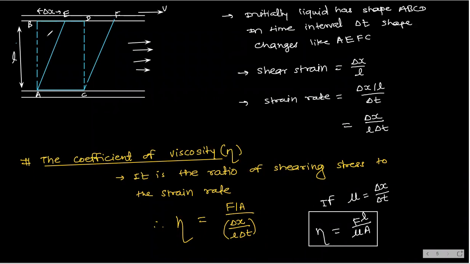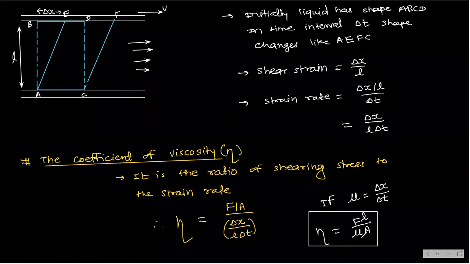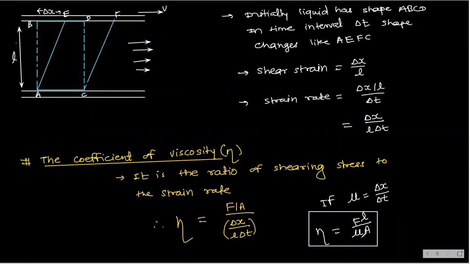It is like velocity dimensions only. Within how much time this is going to change with respect to time, that is delta X by delta T, that is mu. If we substitute, then eta is F L by mu into A. Got it. Clear. And then next one.